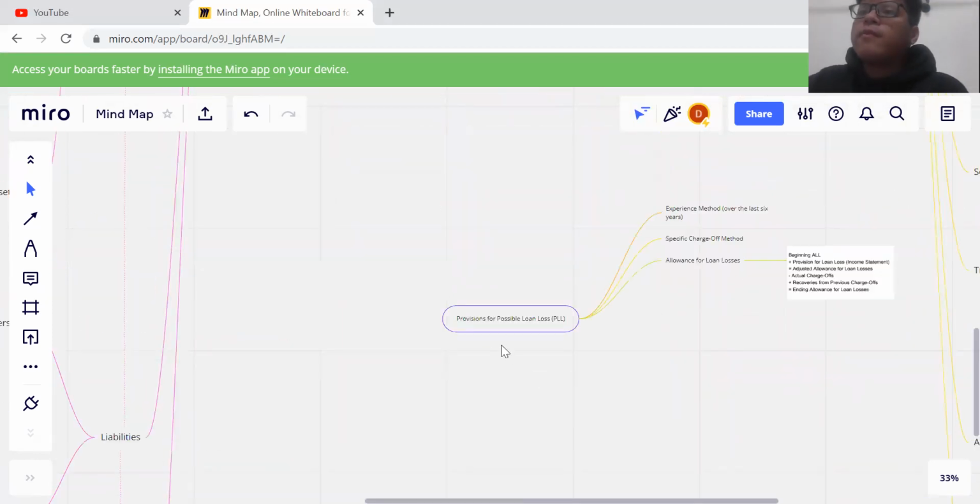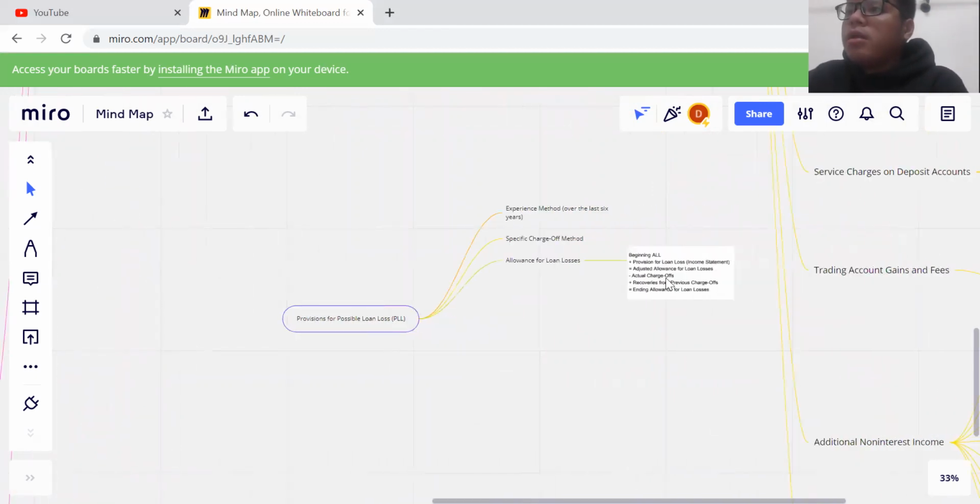Here is the provision for possible loan loss, PLL. We have three things to say about this: the experience method over the last 6 years, the specific identification method, and the last one, the allowance for loan loss. Here is a picture.